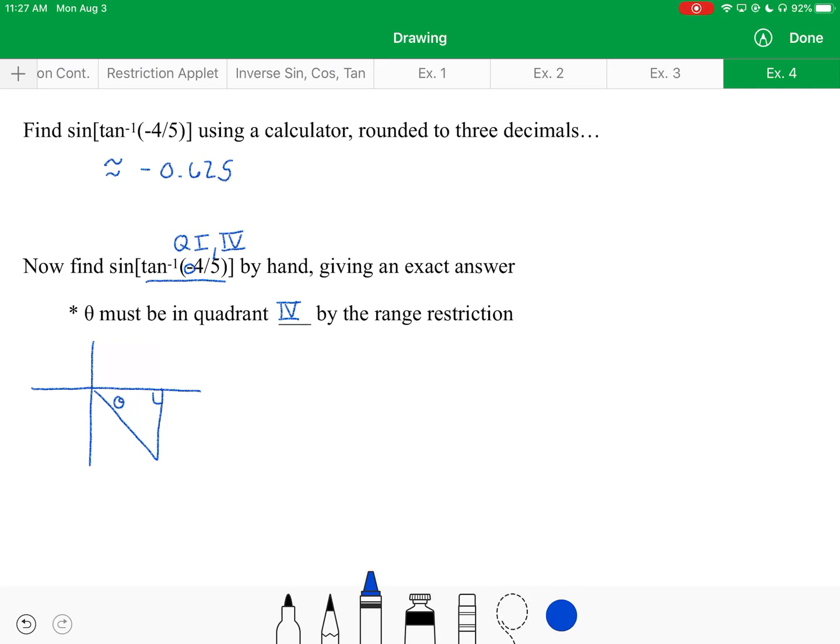So here's going to be theta in this direction. And we know that y is -4, x is 5, and then if we used the Pythagorean theorem, we could quickly find the r value to be radical 41. Let me just verify that.